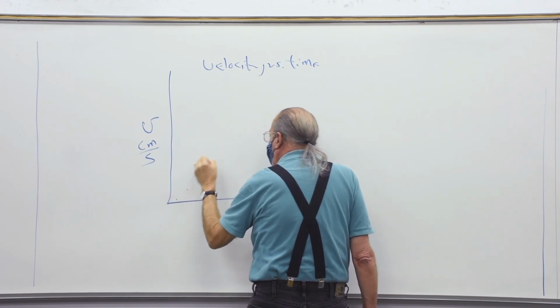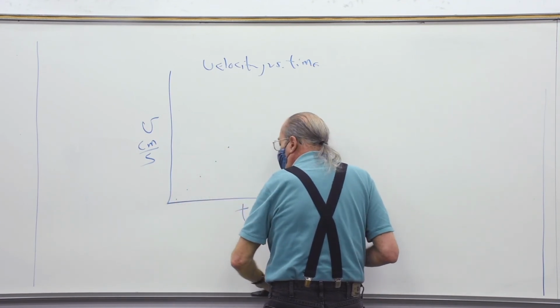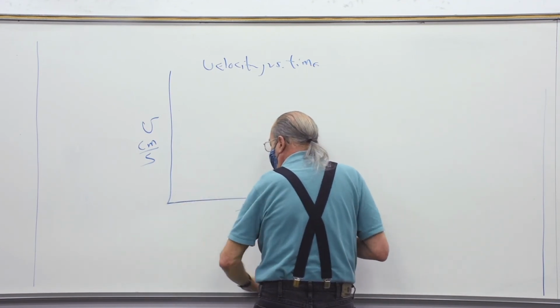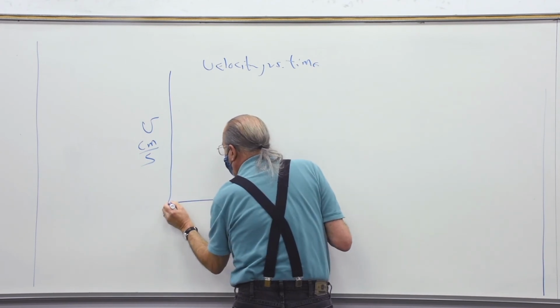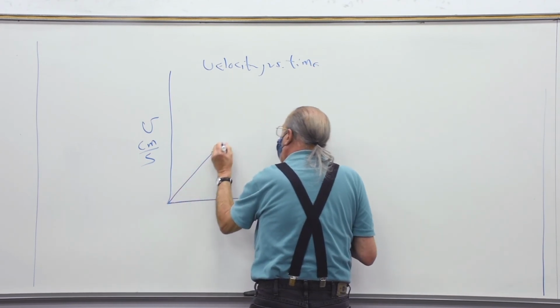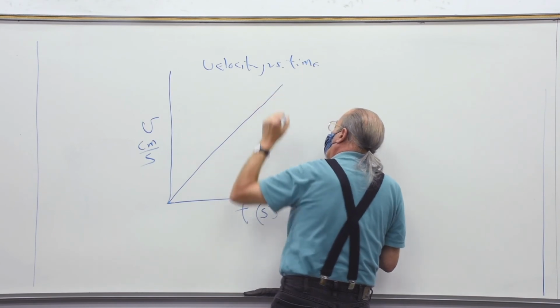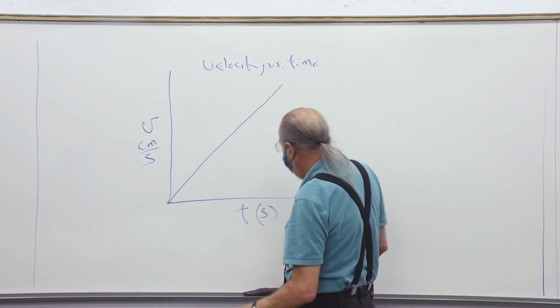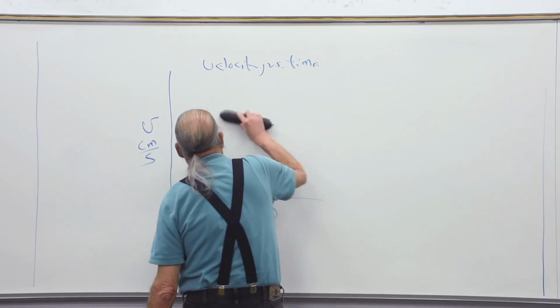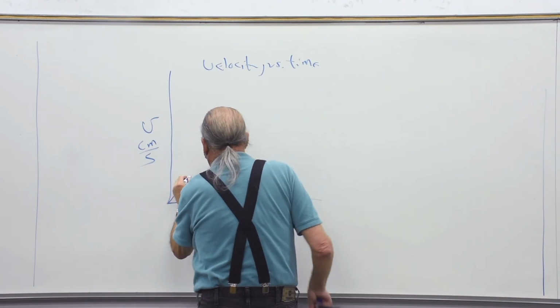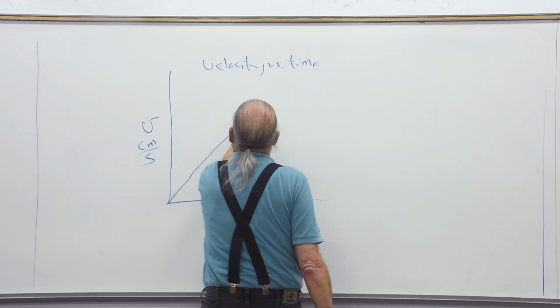It's going to be easier to cheat and draw the straight line. And in these labs I have given you, is that a straight line? No, it's not. You of course use a ruler to draw that line.